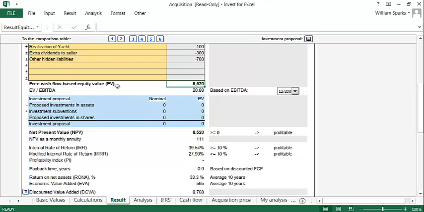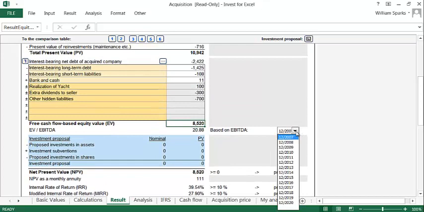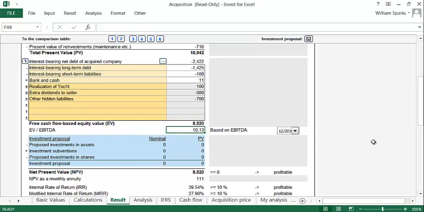And again, to the right, this is based on EBITDA. This should be 2010, the last historical year. Now we see it's 10 times EBITDA 2010. So we are paying like 10 times EBITDA.